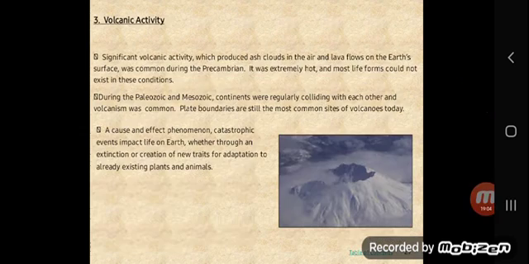Next is volcanic activity. Significant volcanic activity, which produced ash clouds in the air and lava flows on the Earth's surface, was common during the Precambrian. It was extremely hot and most life forms could not exist in these conditions. Volcanism is a common byproduct of tectonic plate collision.